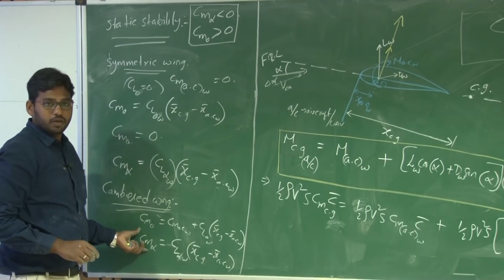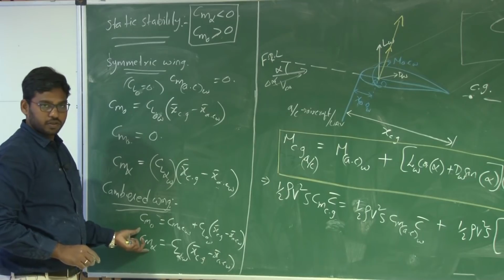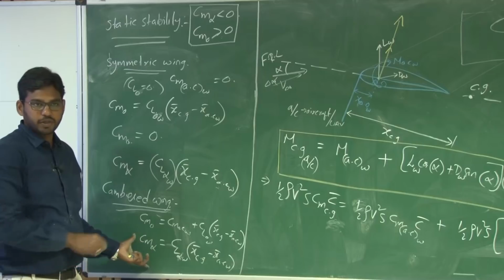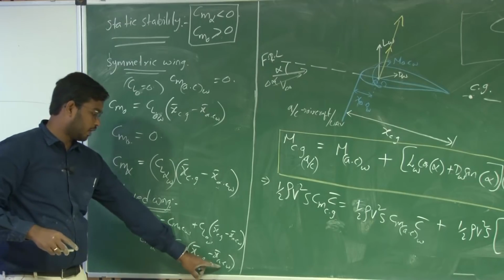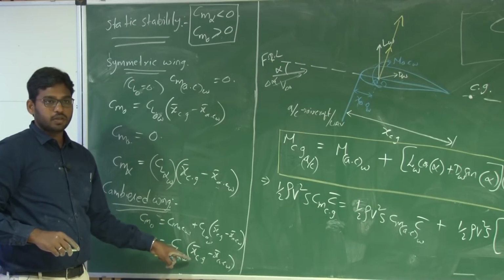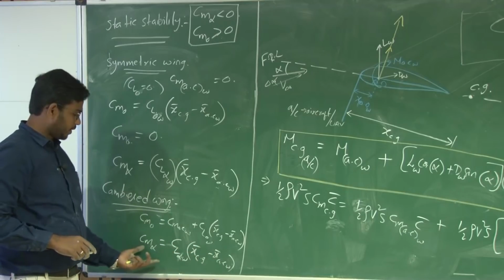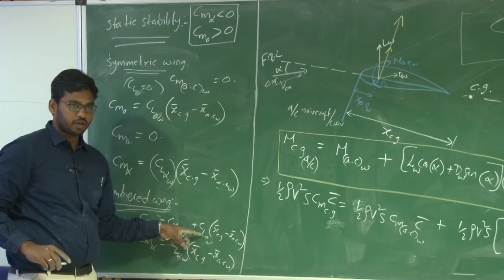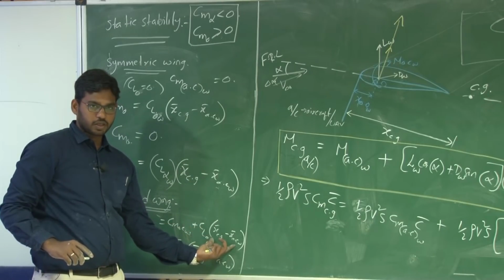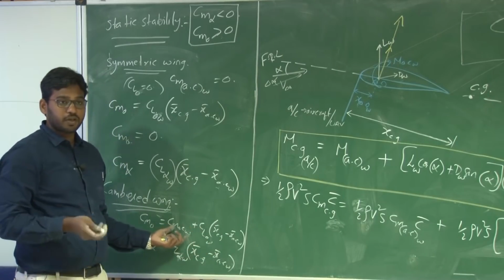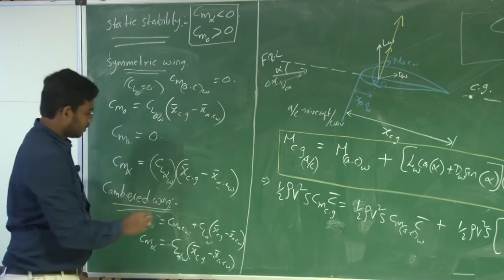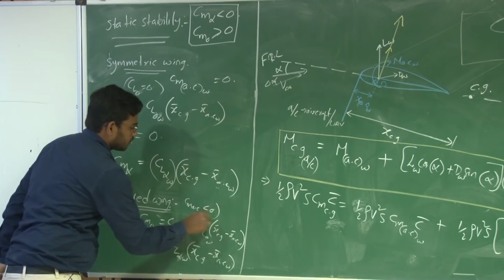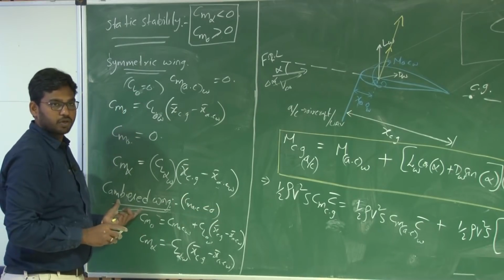So for a cambered wing, for Cm alpha to be negative, since it is a wing alone configuration, irrespective of whether it is cambered or not, I need to have the aerodynamic center ahead of the CG to make it negative. So this particular quantity is negative. CL naught is positive for a cambered aerofoil, so this particular quantity is negative, and Cm AC of the wing is negative for a positively cambered aerofoil.